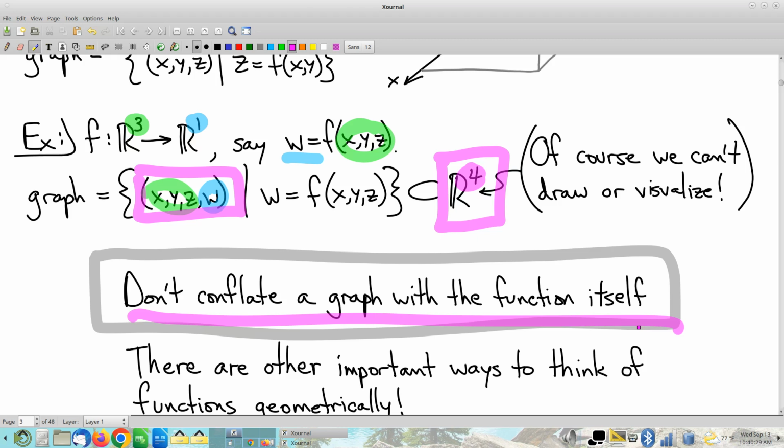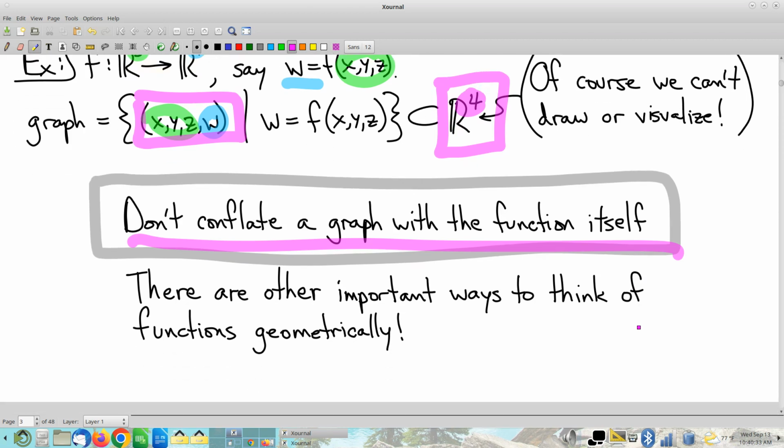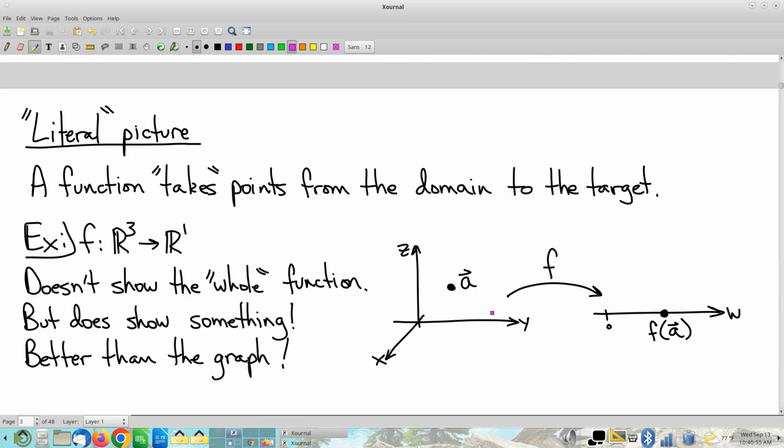Right? So very important not to view these as being the same thing, and very important to accept that there are going to be other ways that we're going to draw pictures. That we really need these other ways to draw pictures of functions, because the graph is not going to help us most of the time. Does that make sense to everybody? All right. Okay. So let's talk about these other ways to draw pictures.